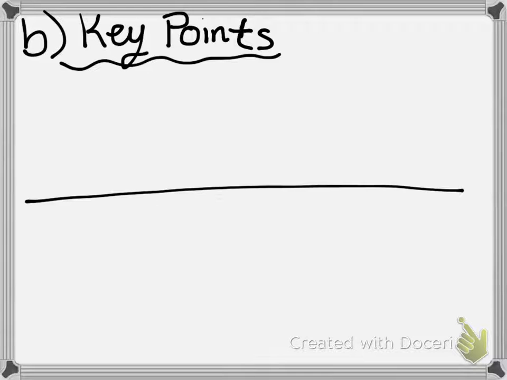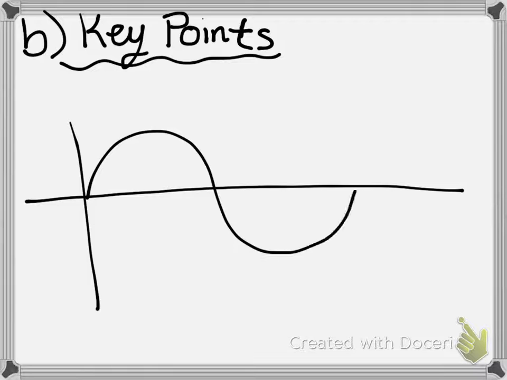All right. Part 2 now. We need to look at some key points in our graph. Now, if you remember back to the parent function of sine, it looks something like this.